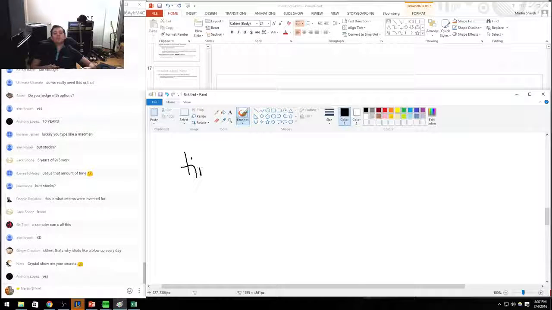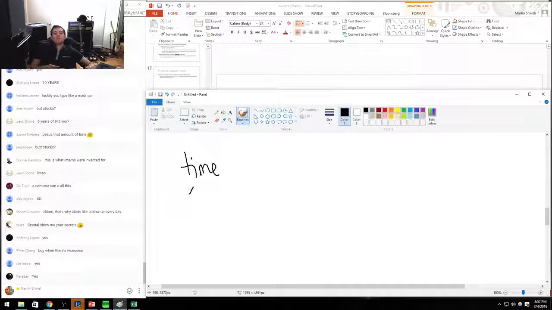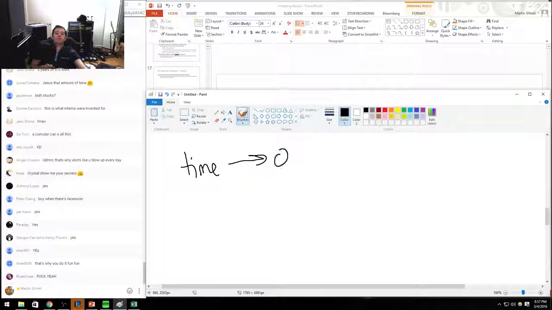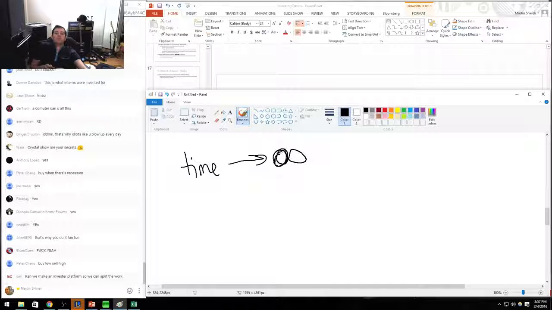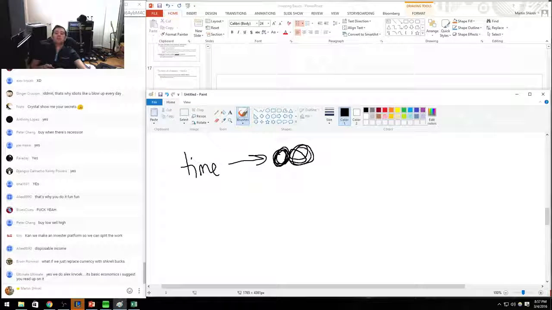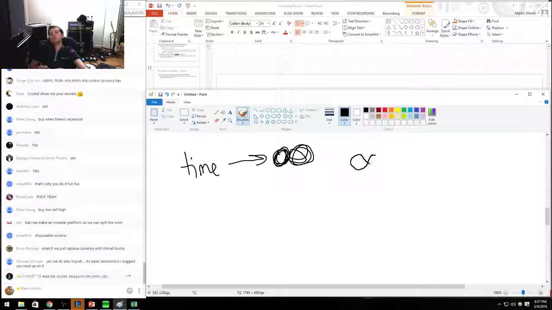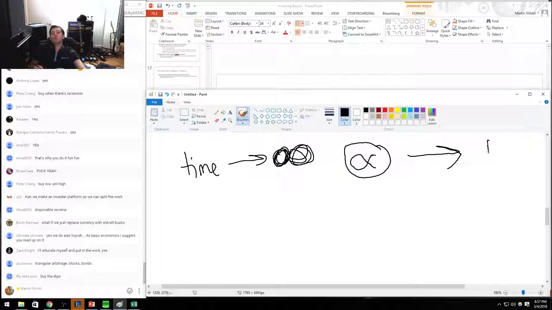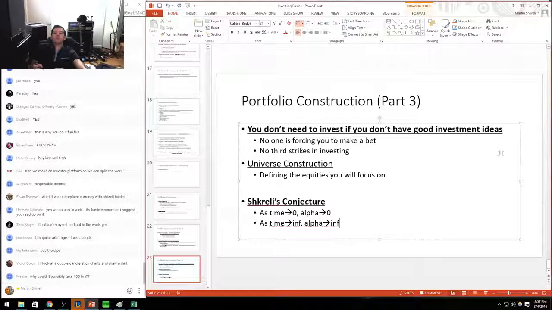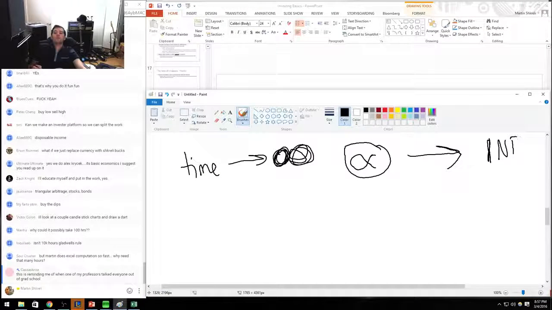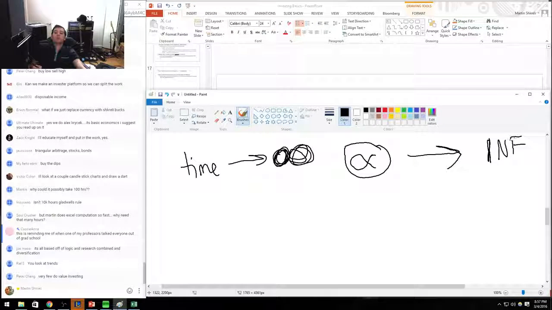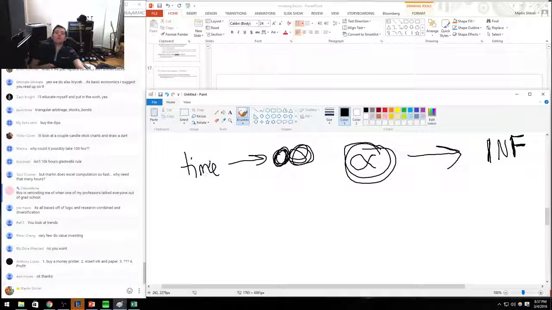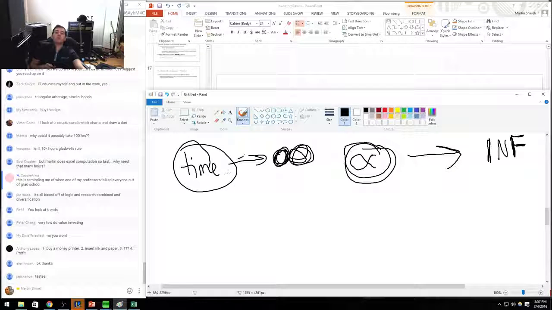I have this theory that as time goes to infinity, your ability to tell whether a stock is cheap or not, in other words, how much alpha there is, should approach 1, or 100%. You should be able to tell with certainty if a stock is cheap or not. If you had all the time in the world, you should be able to do that. The problem is you don't have all the time in the world.